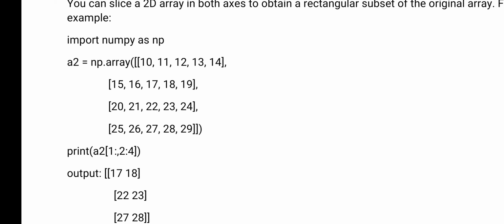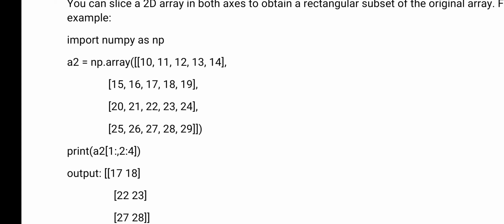See, the first row index is 0, the second row index is 1. In the second row, which columns are we retrieving? 2 to 4. In the second row, how many elements are there? 15, 16, 17, 18, 19.